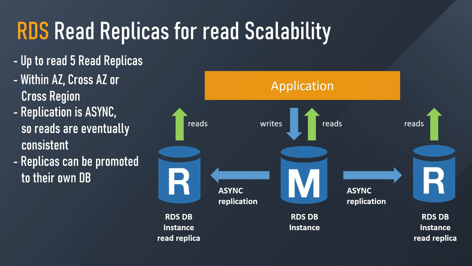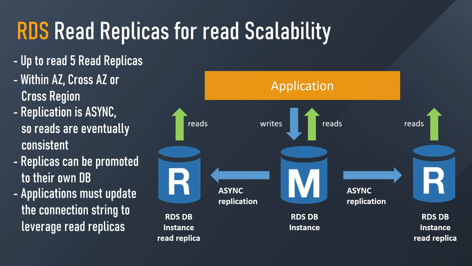It's completely out of the replication mechanism after that, and has its own life cycle afterward. So in case you want to use read replicas, the main application at the top of the screen must update the connection string to leverage the list of all the read replicas you have in your RDS cluster.